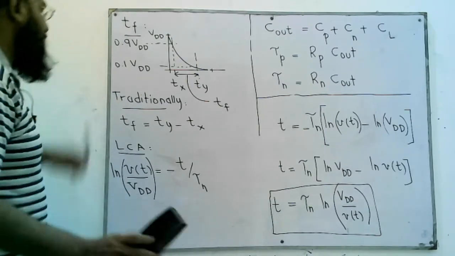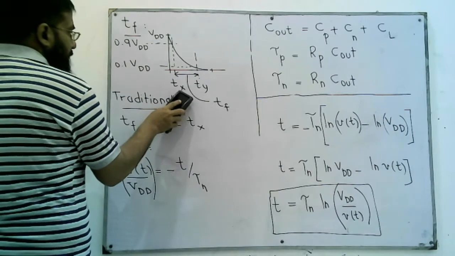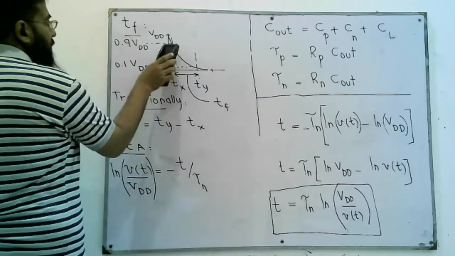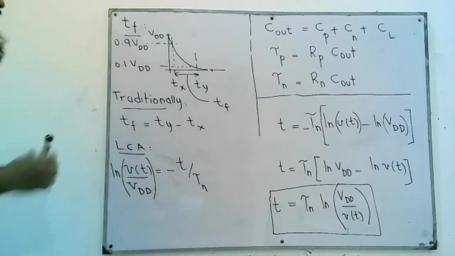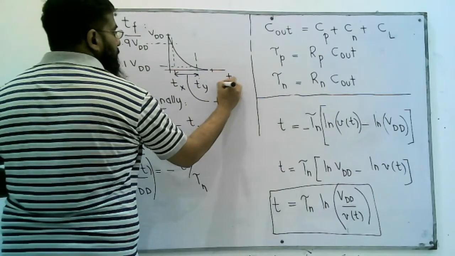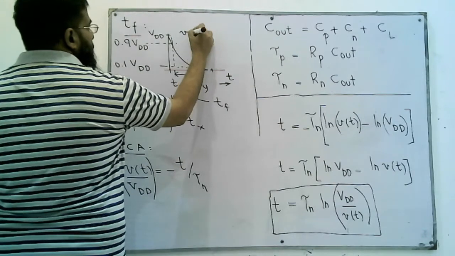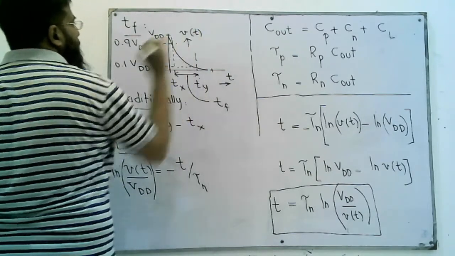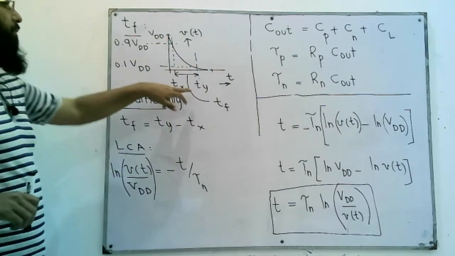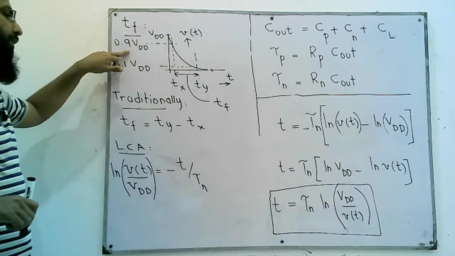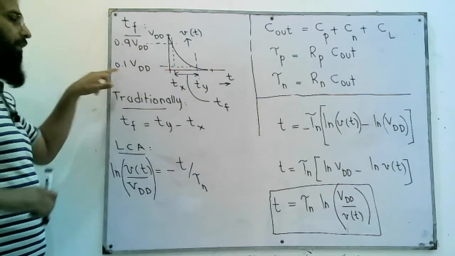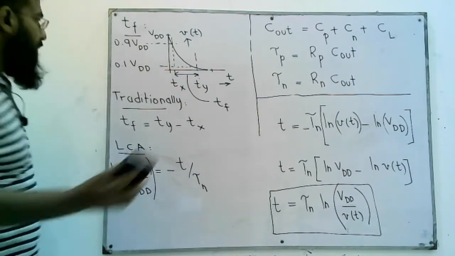Now on this curve we have two values of t, Tx and Ty. Tx is the time where v out is, in fact this is time, and this is v of t. So Tx is the time when v of t is 90% of VDD, 0.9 VDD, and Ty is the time when it is 10%.